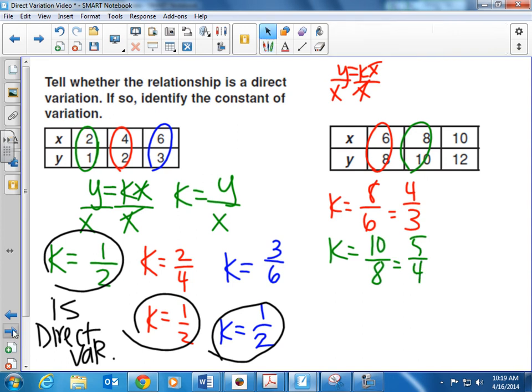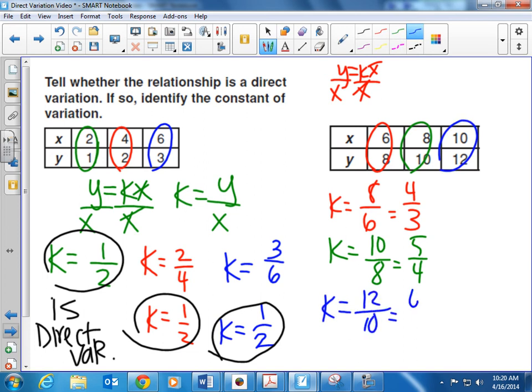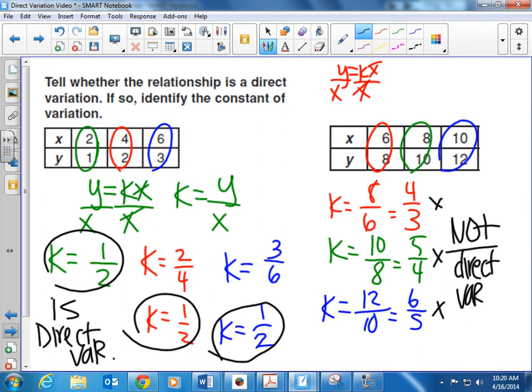Ooh, that's not good. And last one, I already know it's not going to be, but let's just go ahead and do it. 12/10. What does that reduce to? 6/5. Notice that none of these constants of variation are the same. They have to be the same constant of variation in order to be direct variation. So this is not direct variation. It does not fit with that equation y equals kx.